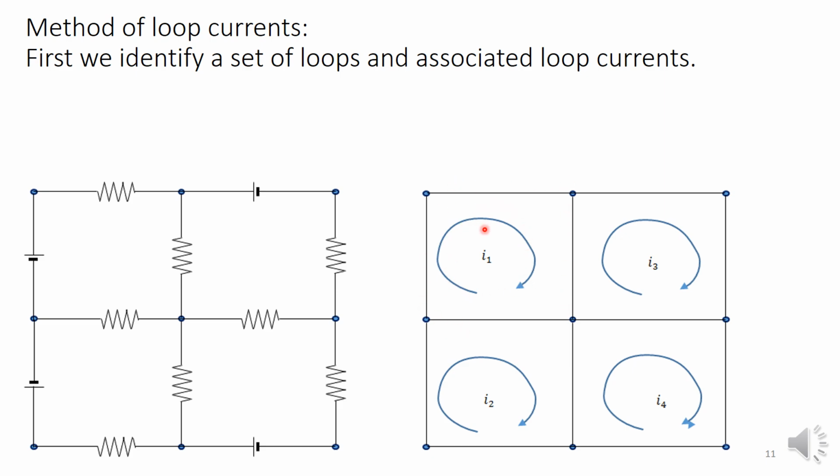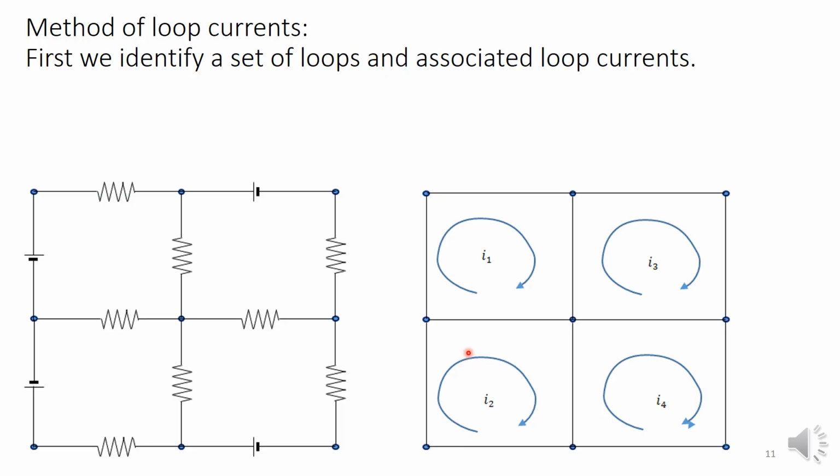And here we have 4 loops: I1, I2, I3, I4. We think of these as currents circulating around. For example, I1 circulates around this loop here. A loop is just a cycle.